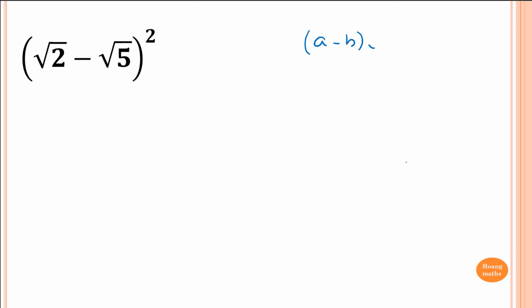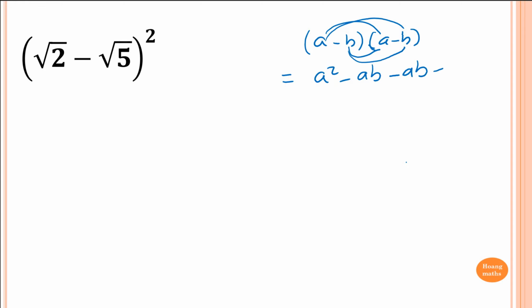I expand this out: a squared, of course, and then minus, because a times minus b is minus ab, minus b times a is minus ab again, and minus times minus gives you a plus, so minus b times minus b is b squared. If you simplify this, it gives a squared, negative 2ab, and plus b squared. Can you see that?